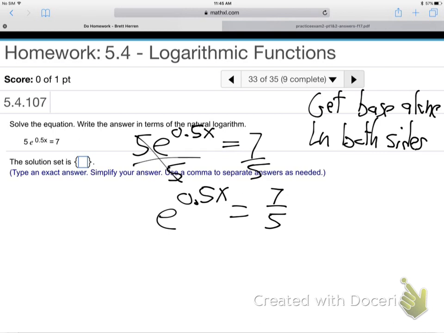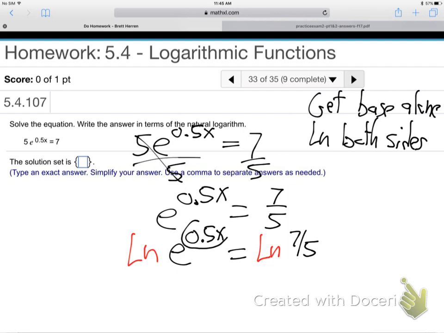Now ln both sides. That good? ln both sides like that? x in power, you just want to remember deep, x in power, ln both sides.